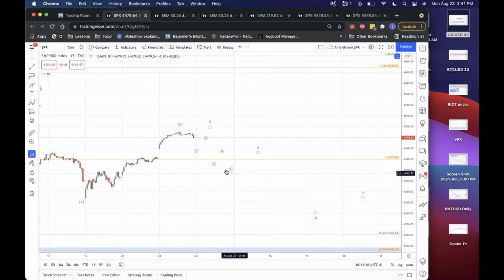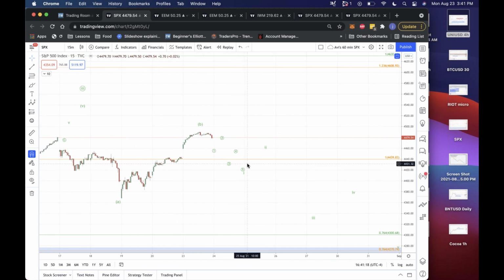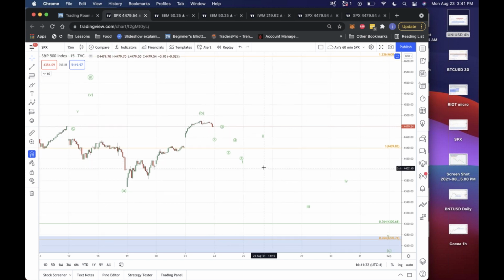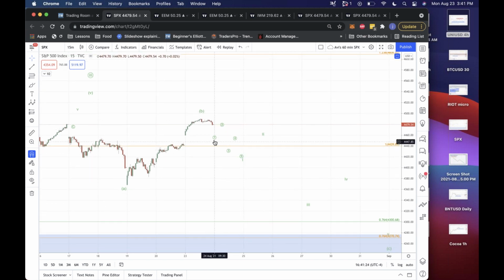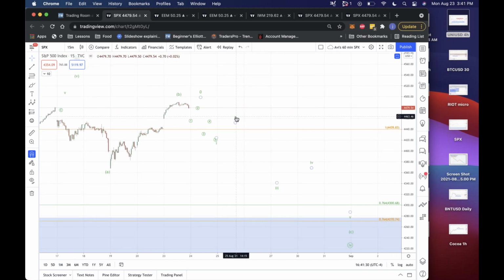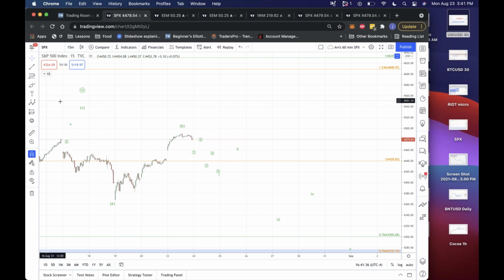We'd want to see a 5-wave move down. And if we get 5 waves down, that's a very good indication that we have started the C wave, and that initial 5 down, the circle 1, 2, 3, 4, 5, can be Roman numeral 1 of C, and then we should get a corrective retrace that remains below whatever high preceded the 5 down.